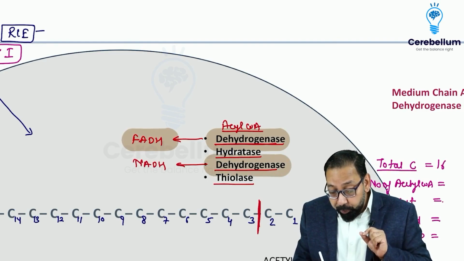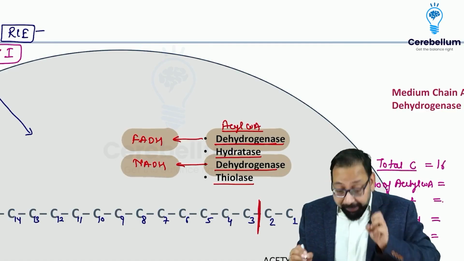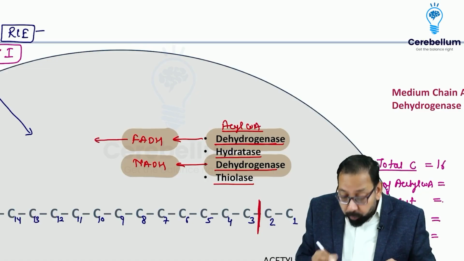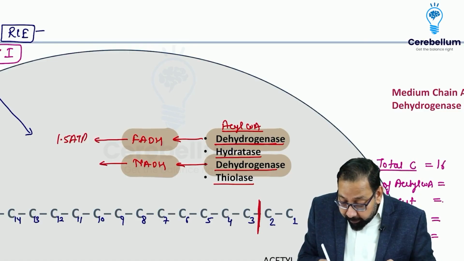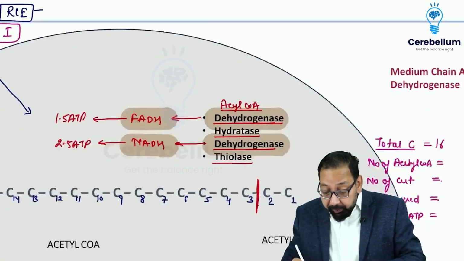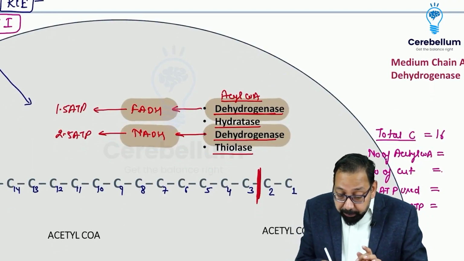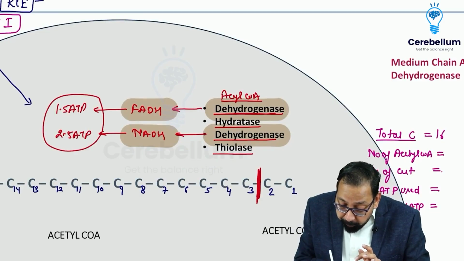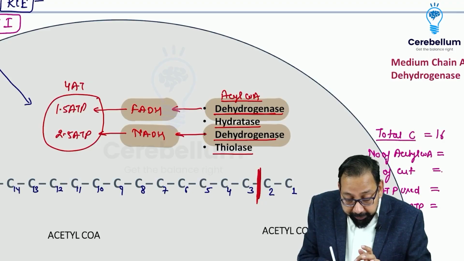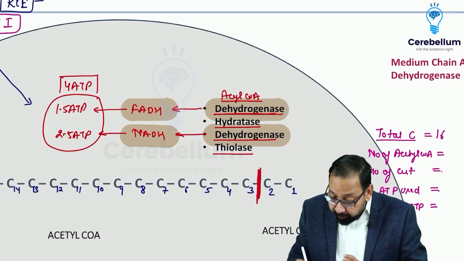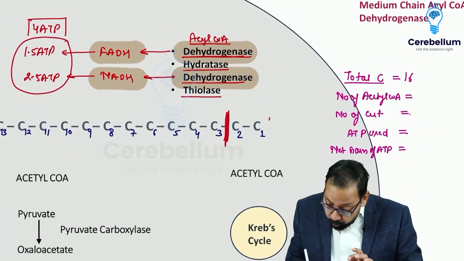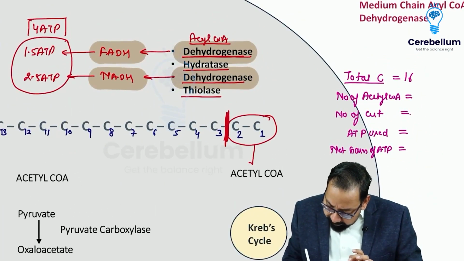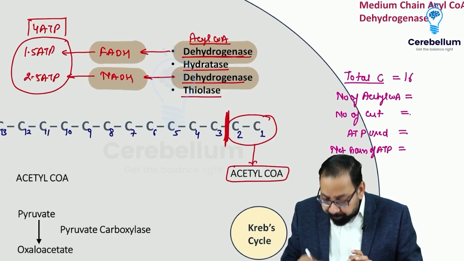Second dehydrogenase produces NADH. FADH2 enters the electron transport chain to produce 1.5 ATP, and NADH enters the electron transport chain to produce 2.5 ATP. In this way, this bond is cut and there is production of 1.5 plus 2.5, 4 ATP. So by this one cut we produce 4 ATP, and a 2 carbon unit comes out as acetyl coenzyme A.